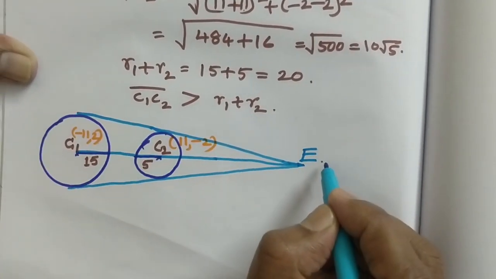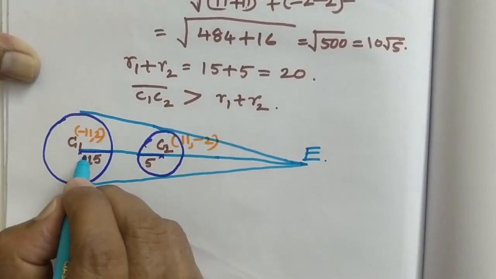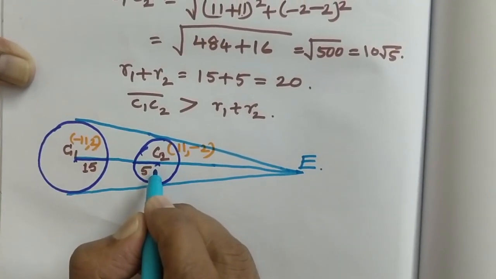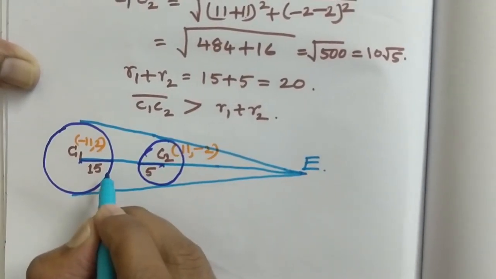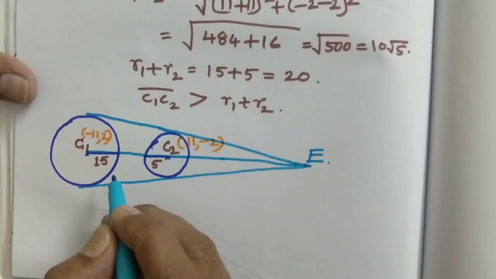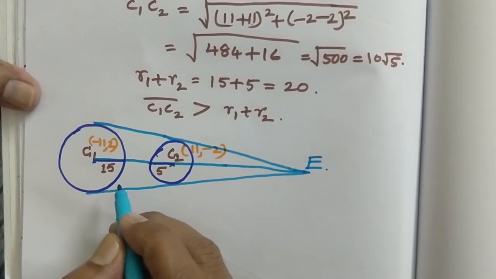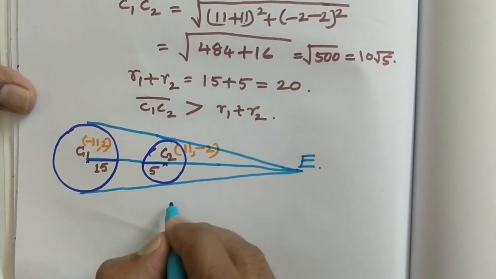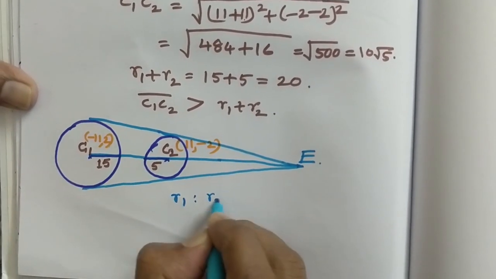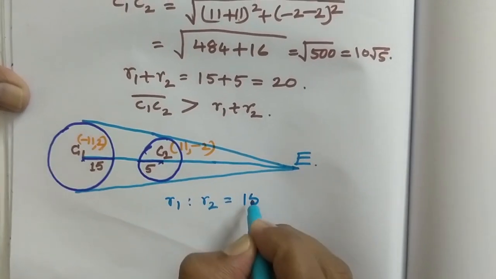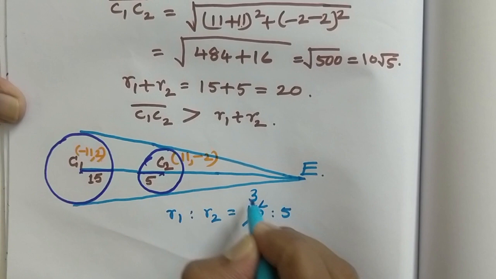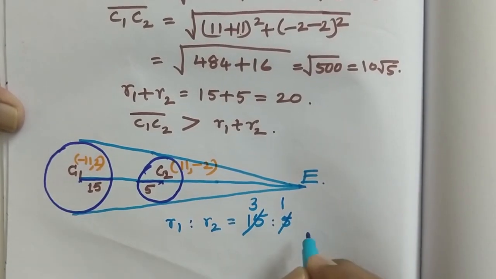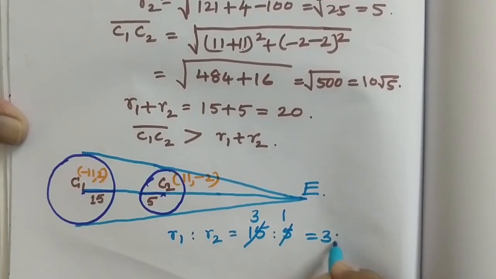So this E divides C1C2 externally in the ratio R1 is to R2. Therefore, R1 is to R2 is equal to 15 is to 5. That gives us 5 3s are 15, 5 1s are 5, so 3 is to 1.